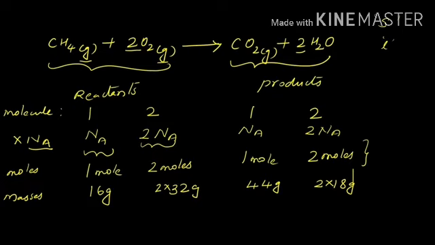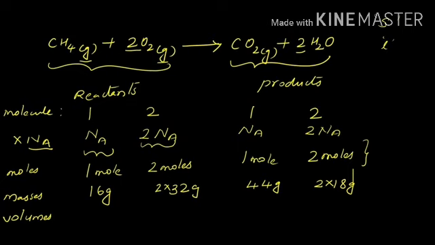Otherwise, if you have any confusion, go back to the last video that I posted and check how we find the molecular masses, and make sure the masses I wrote here are correct. It is clear from here that 16 gram of CH4 is reacting with 64 gram of oxygen to give out 44 gram of carbon dioxide and 36 gram of water.